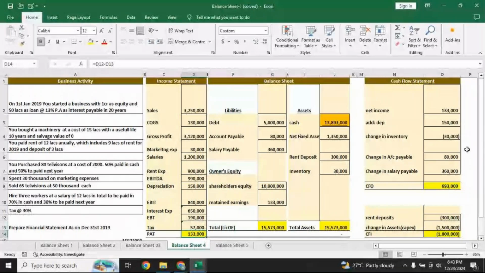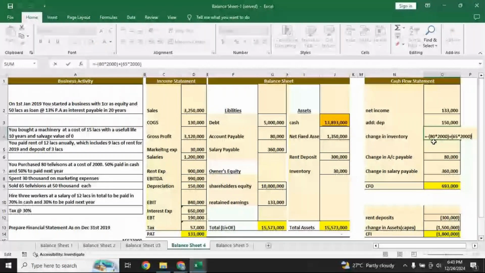So depreciation we have already calculated. Now change in inventory. Change in inventory is 80 television I bought at the cost of 2,000 per unit, plus 65 I have sold. So the COGS will be 2,000. So this is the change in inventory. Okay. So here I have taken the minus sign in the beginning only.